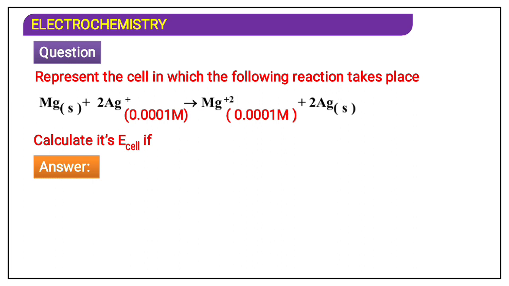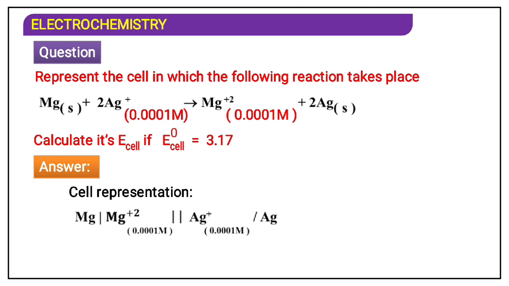First we have to write the cell representation. While writing the cell representation, as I already mentioned, first we write the salt bridge. This is the salt bridge.